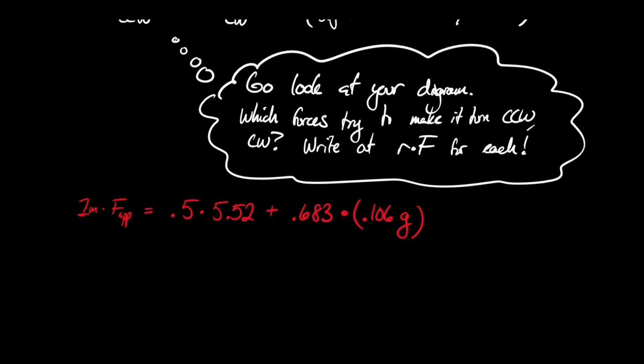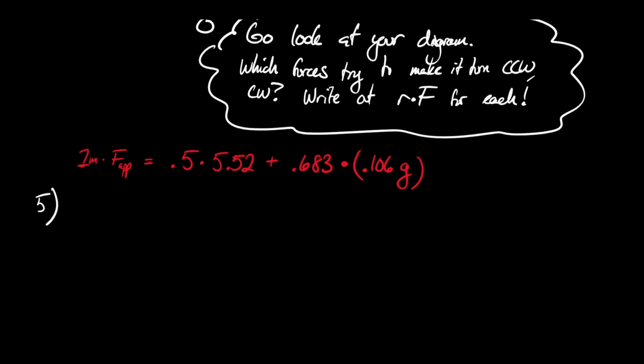Perfect. Okay. Step 5, as usual, after we wrote out our Newton's laws, well, I guess sometimes you set things to 0 in Newton's laws. Here we've already set the angular acceleration equal to 0 because the object isn't turning. So we're going to skip that step, and we're going to go straight to counting the number of equations versus the number of unknowns.